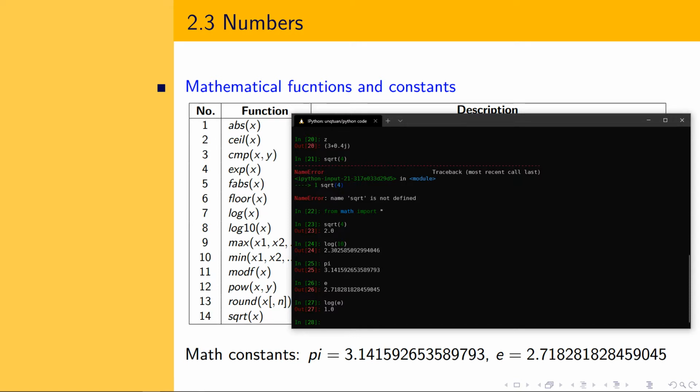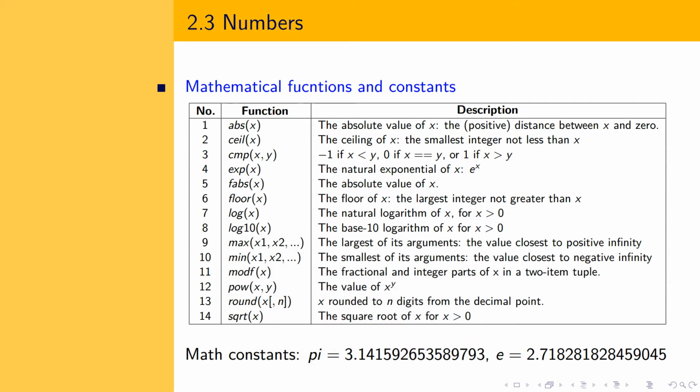Okay, that's interesting. The math library is very useful and interesting, right? I recommend you spend some time to practice this because we don't have enough time to do it here. You can import the functions and you can do it yourself. Yeah, practice makes perfect.